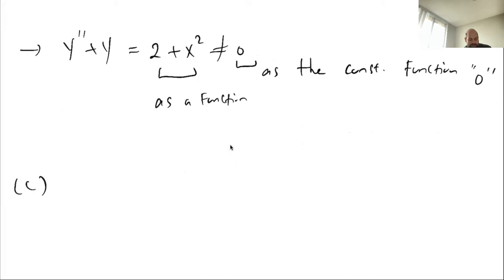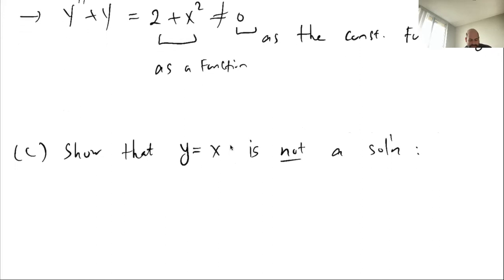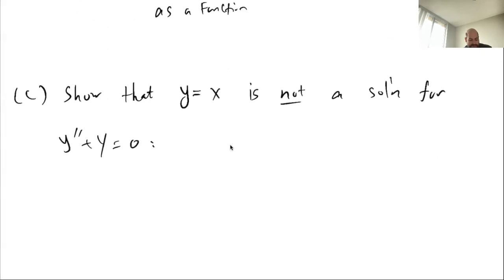So let's say part C, show that y equals x is not a solution, again, for y double prime plus y equals 0. So y equals x. What is the derivative of this function?